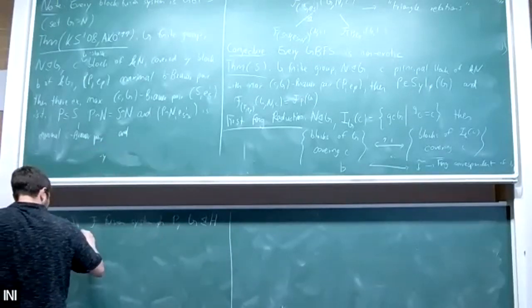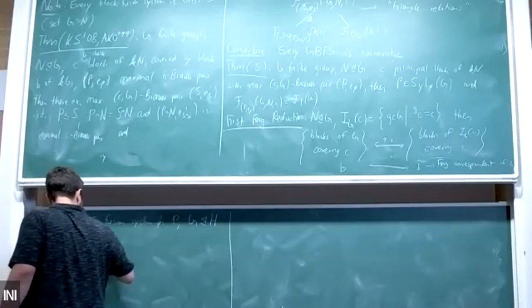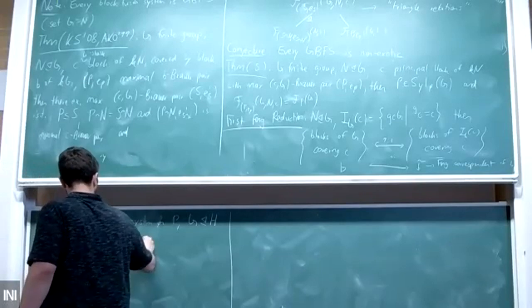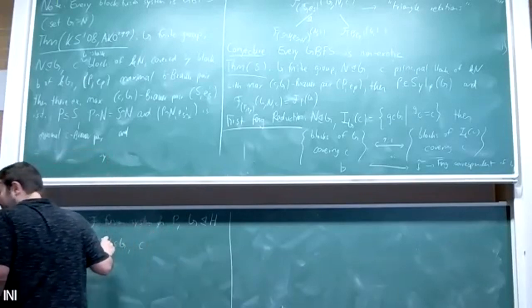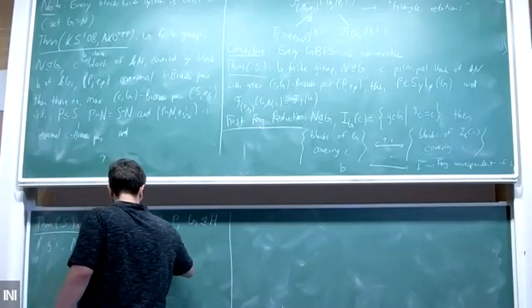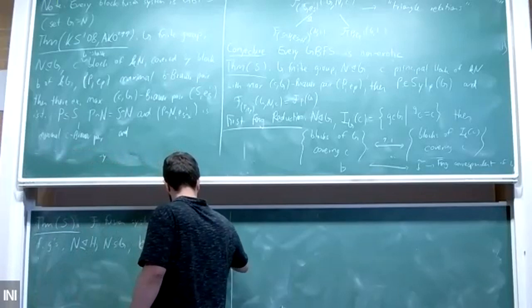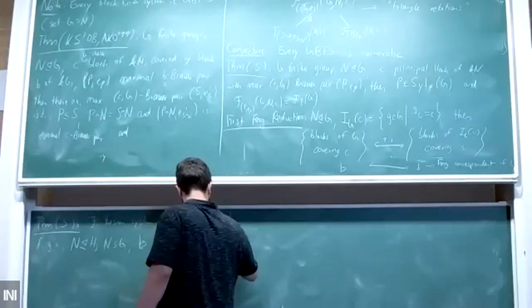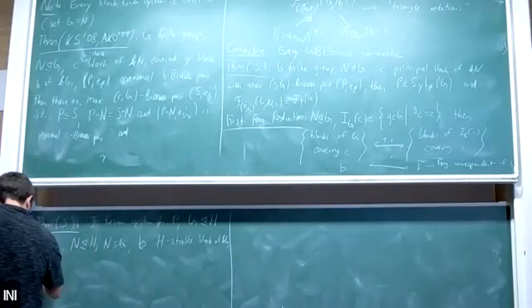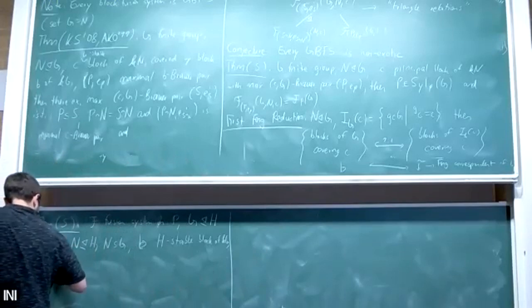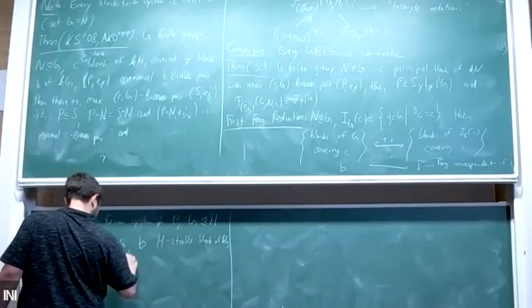And we take N to be a normal subgroup of H. It's also contained in G. And we take B to be an H-stable block of KG, covering a block C of KN.